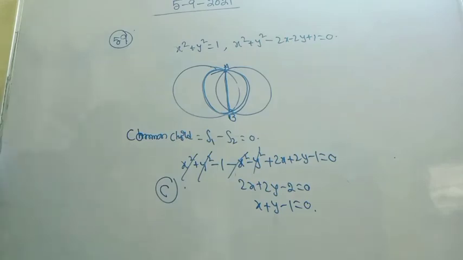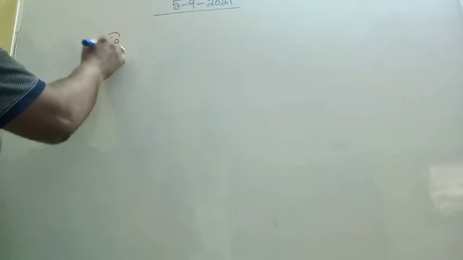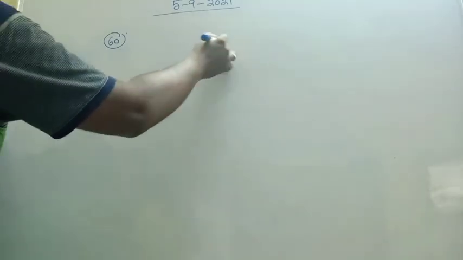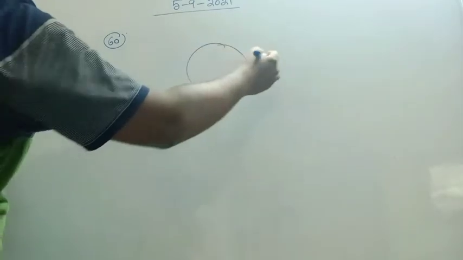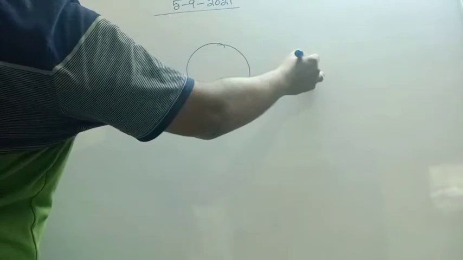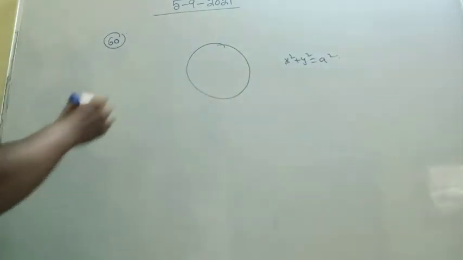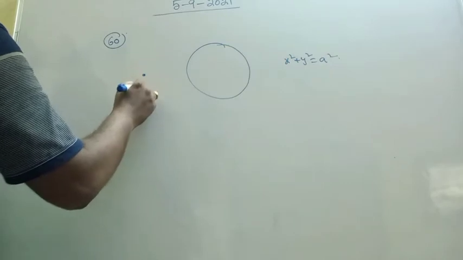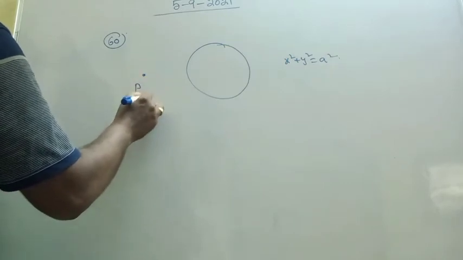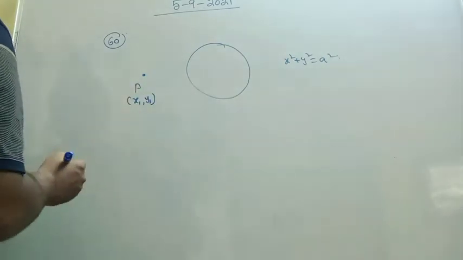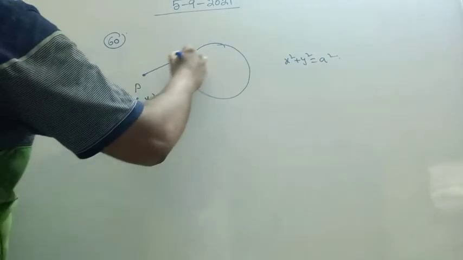Right, my dear students? Next, a very nice problem, the 60th problem. The tangents PA and PB are drawn to the circle, whose equation is x square plus y square is equal to a square. From the point P (x1, y1) you have drawn the tangents like this.